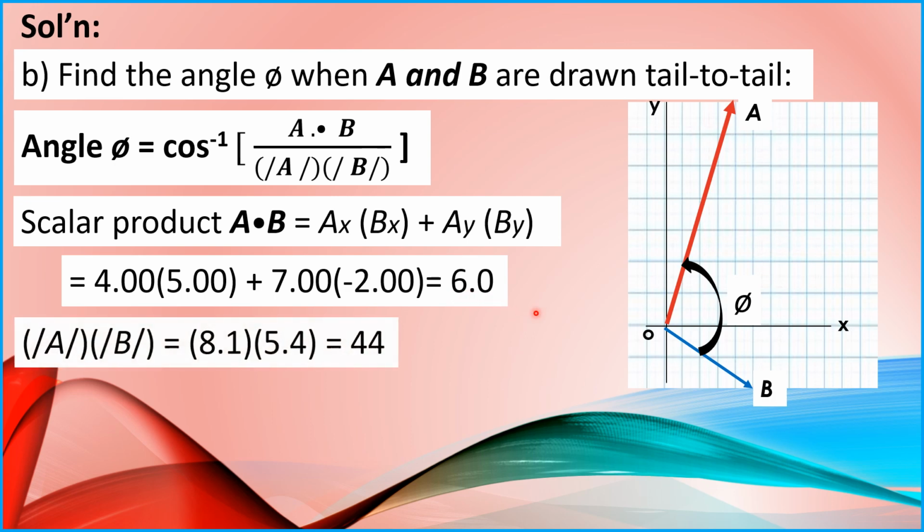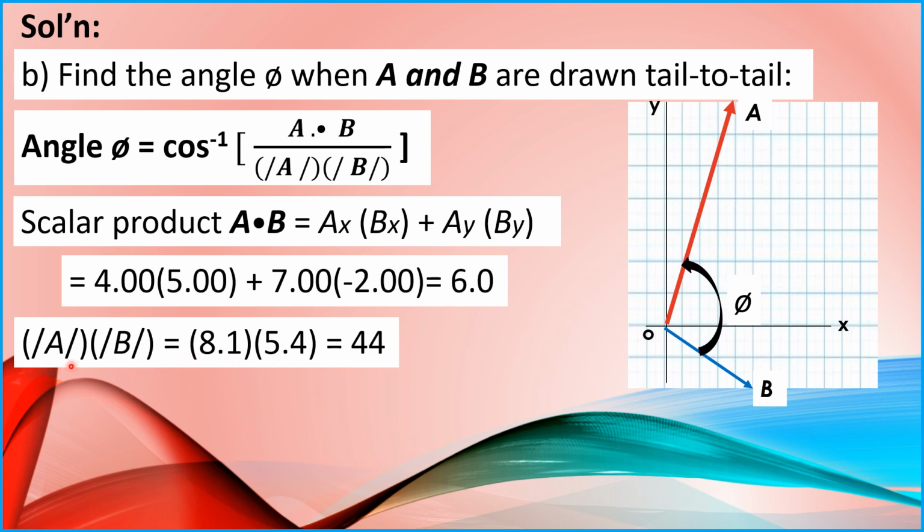We then proceed in determining the denominator in this formula. That is the product of the magnitudes of the two vectors A and B, right? So these two values were obtained earlier on, you can check on that.